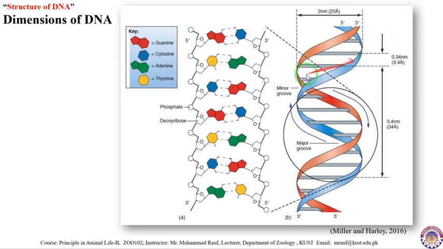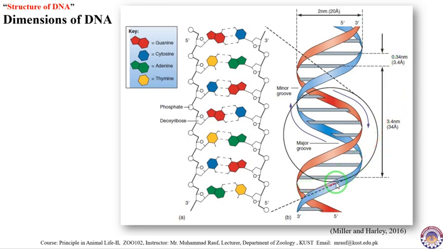So the diameter of DNA is 2 nanometer or 20 angstrom. What is the distance between two consecutive bases in an upright? It is 0.34 nanometer or 3.4 angstrom.